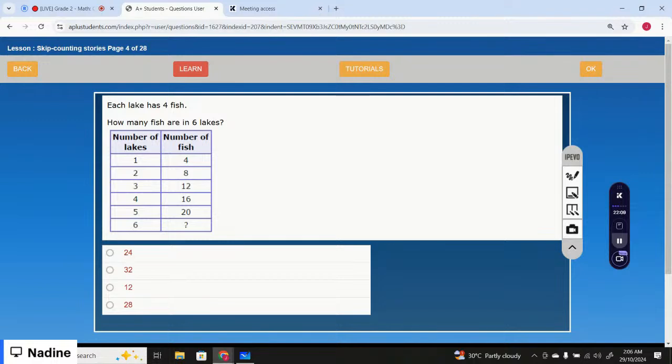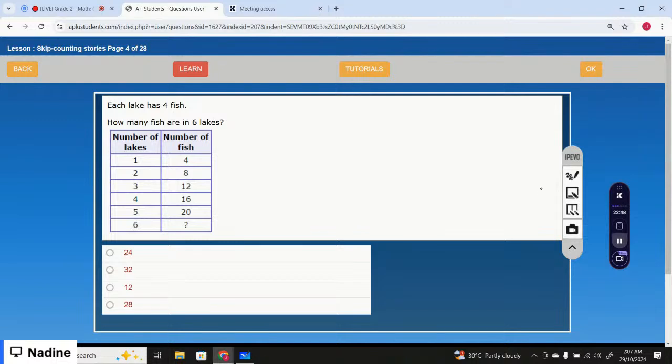The correct option is option number 1, that is 24.